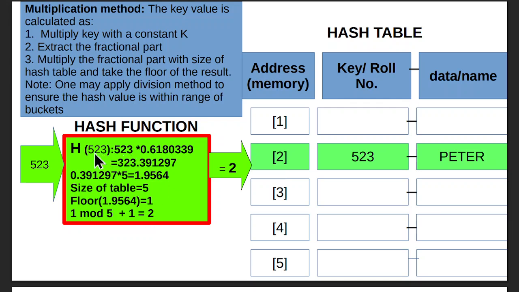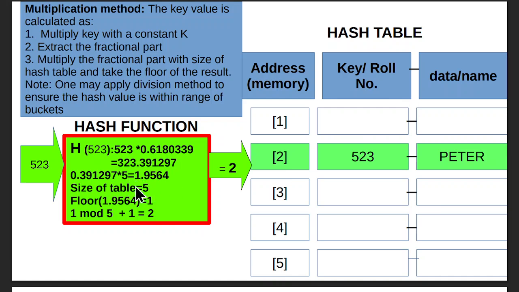So here, for example, we have a key value of 523. We multiply that by the constant, and we get a floating point number here. You extract only the fractional part from that number and multiply it with 5. Here is the table size. There are 5 buckets here, so the size of this table is 5.